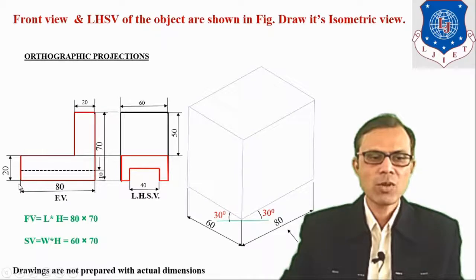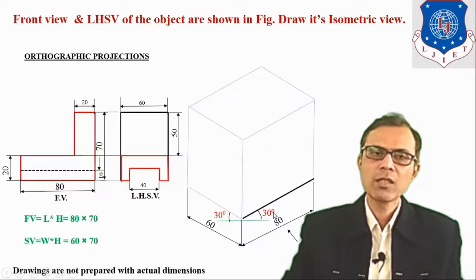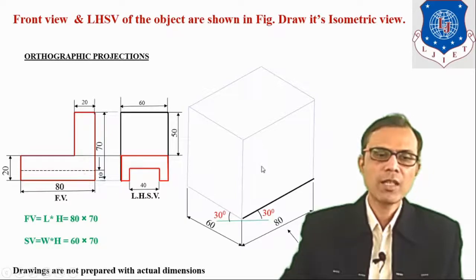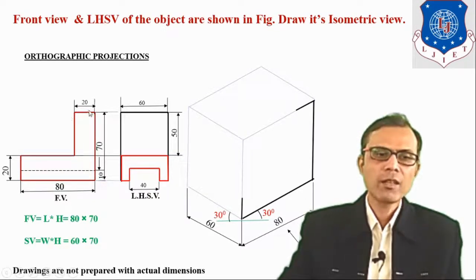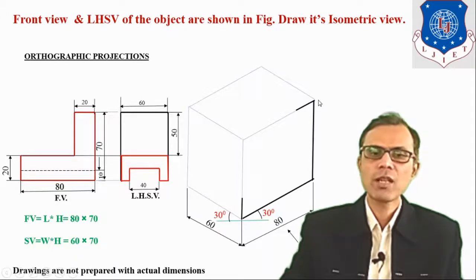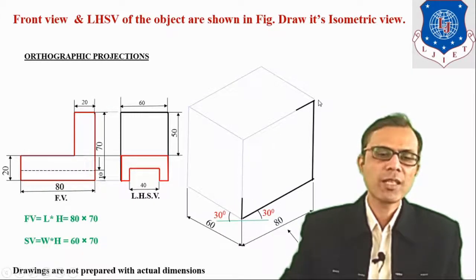Now starting from this bottom edge, it is a horizontal edge, 80 mm. So here draw this edge, horizontal line 80 mm. Here it is a vertical edge up to the topmost part, 70 mm. So to the top corner, 70 mm. From this point it is the step height 20. So from this point take this height 20. Here it is length 20. So this length is to be taken as 20.